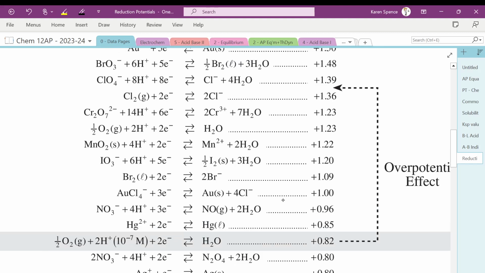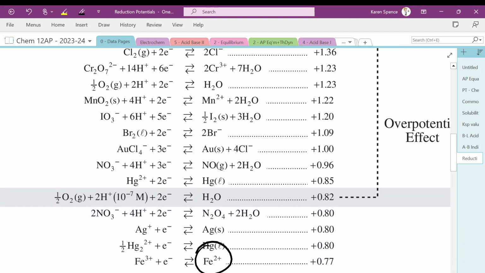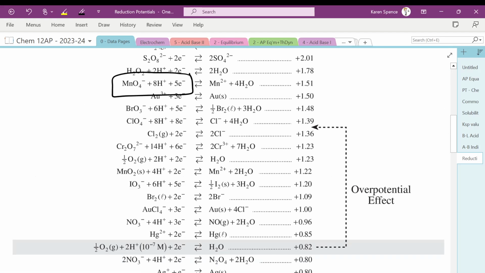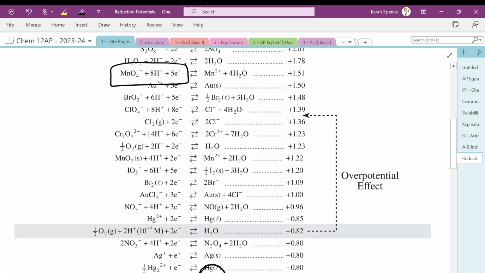Yes, everything on the right-hand side of the table is a reducing agent. And if I have MnO4, that is an oxidizing agent, and you can't react a reducing agent with a reducing agent, so it's a good thing that it was an oxidizing agent. But why is that argument incorrect?